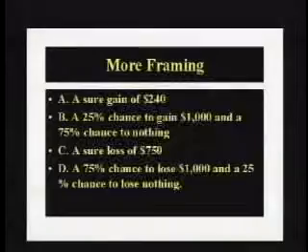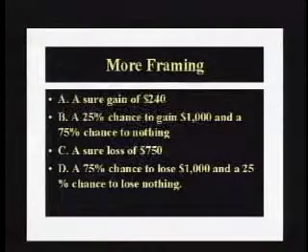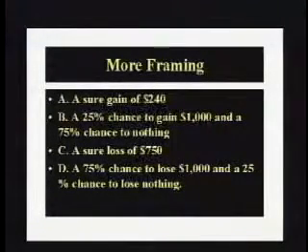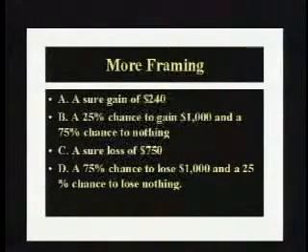Now what about D? A sure loss of 750 to the 75% chance to lose 1,000, 25% chance to lose nothing. Usually, people, now I'm not going to try, I'm getting less risk-seeking, you notice.